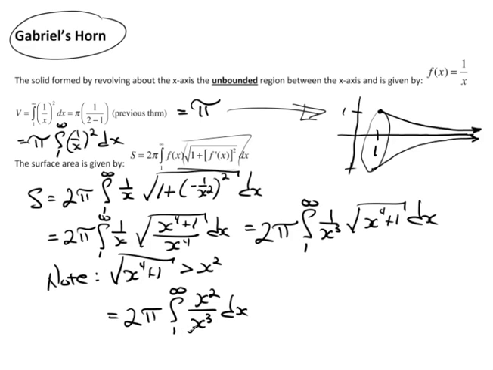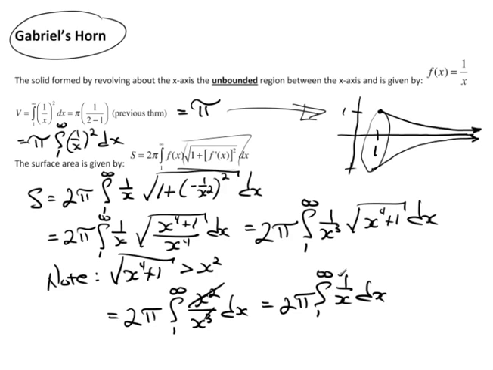And I know whatever this is, it's going to be smaller than what it would be if I integrated with this function, because x to the fourth plus 1 is a little bit bigger than x squared. But that cancels, that just becomes x. So this is 2 pi times the integral from 1 to infinity of 1 over x dx.